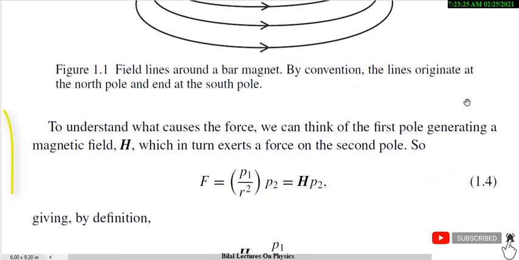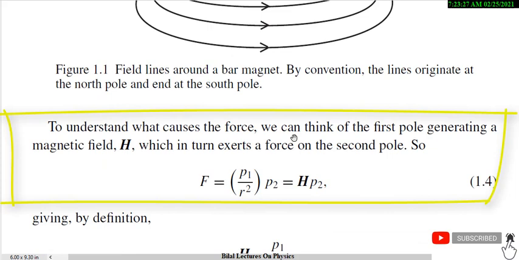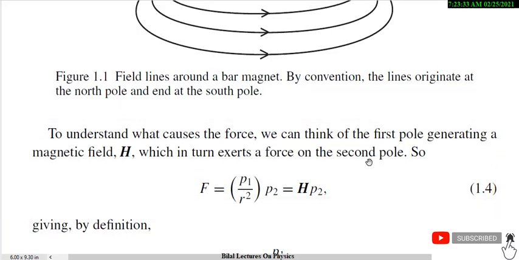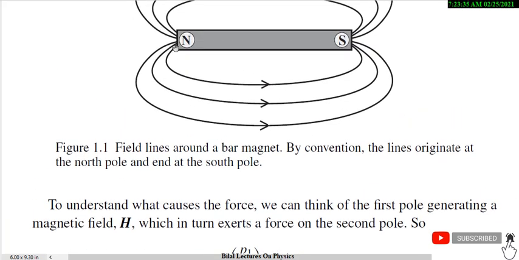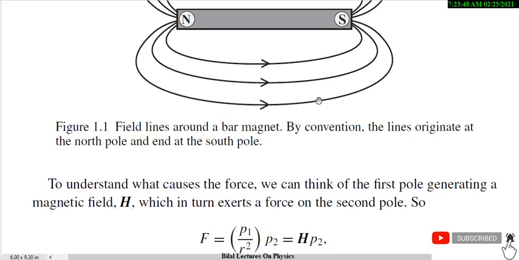To understand what causes the force, we can think of the first pole generating a magnetic field H, which exerts a force on the second pole. So the first pole generates field lines, and those field lines generate a magnetic field H, and these lines exert a force on the second pole. This is how a magnetic field is created.